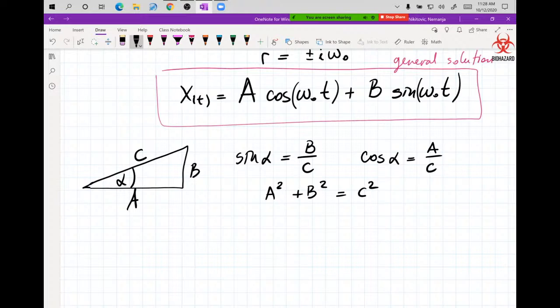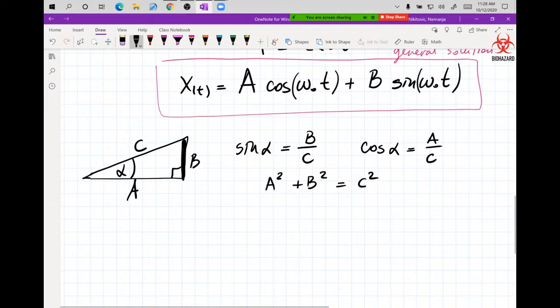So these are the three standard equations that you can write for any right triangle. My triangle doesn't look too great, but hopefully you understand. And now, as you can see, I can solve these for A and B, and they would both be in terms of C. That means that I can combine these terms into one term.